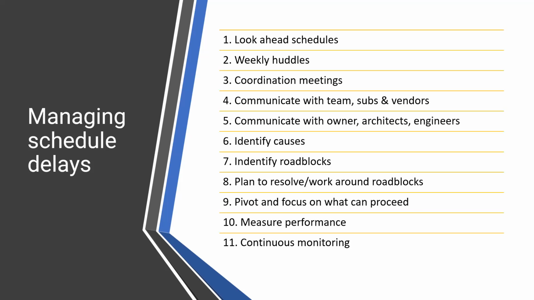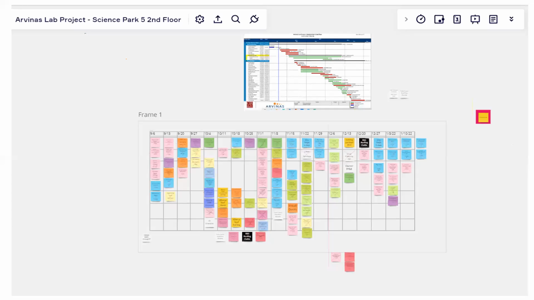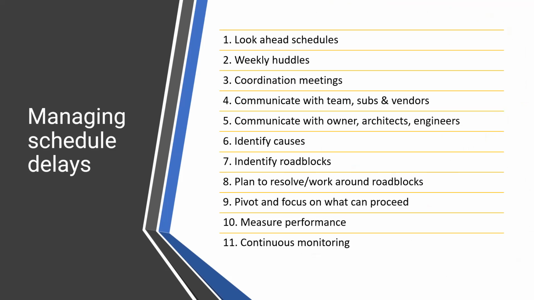Here are some of the tools: look aheads, the 5 or 6 weeks ahead, as well as next week's schedule too. Again, we're assuming that the job is being pulled like this, so we're looking at next week, and we're looking at 6 weeks from now. Then there are weekly huddles and daily huddles, with the pull schedule.